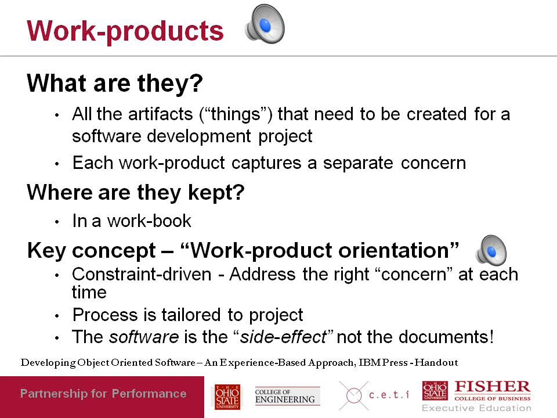The idea behind work product orientation is that the software is the side effect, not the documents. In other words, by generating the right documents, the right work artifacts, or the right work products, the software will result from there. The focus is not the software, but generating the right work product at the right time.